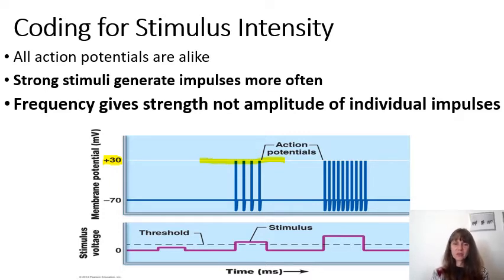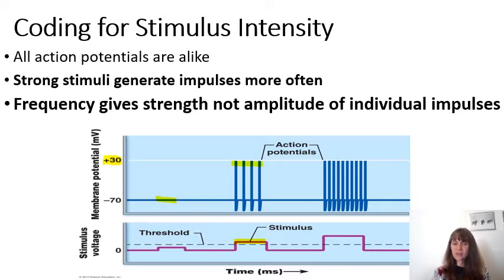If we look at the picture below, you'll notice that there has been stimulus applied, but the stimulus does not reach threshold. Therefore, there is no action potential. In the second example, where there has been stimulus applied, because it is a small stimulus, the frequency of action potentials is noted here.